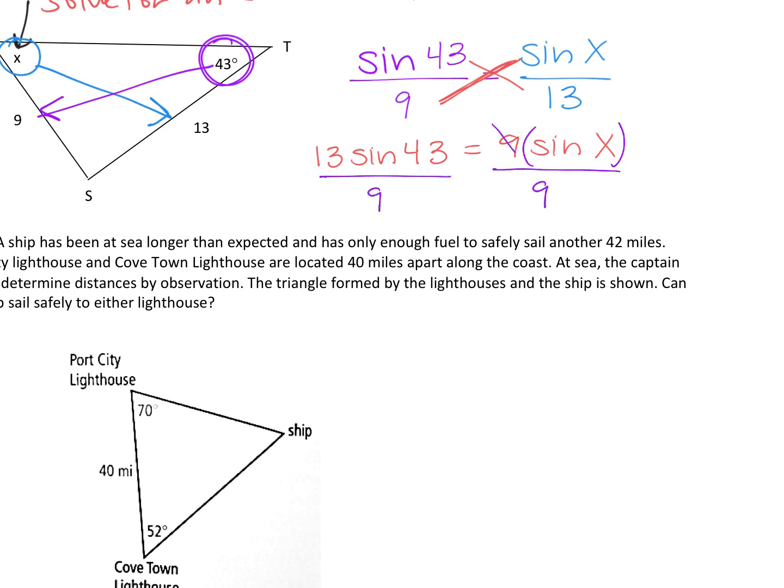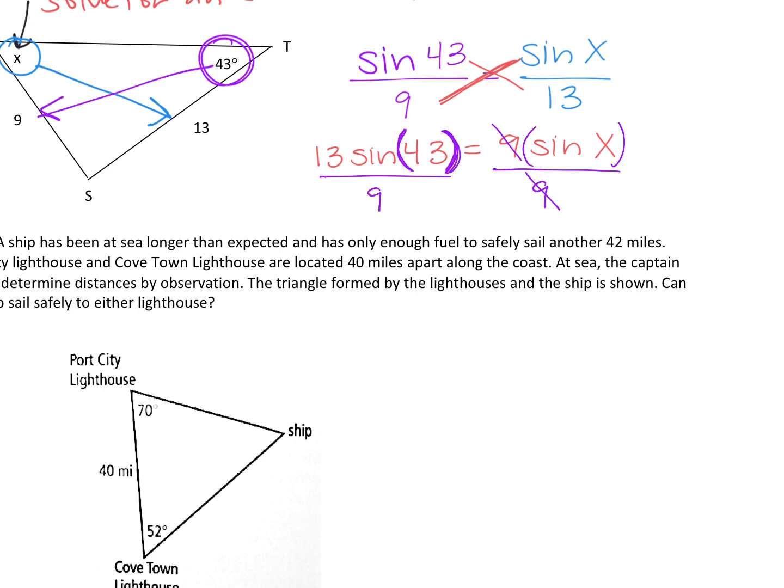Okay, so let's see if you can plug that into your calculator correctly. 13 sine 43 divided by 9. What did you get? 0.98510, right? That should be your number. If you didn't get that, my guess is it's because you didn't finish off your parenthesis right here.